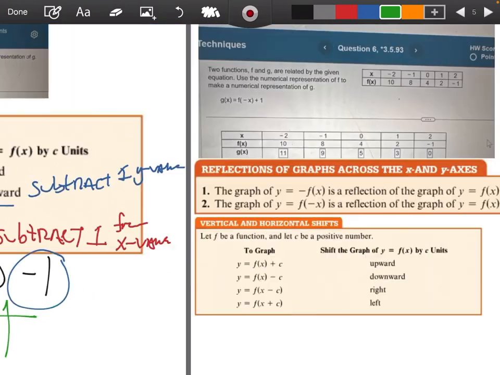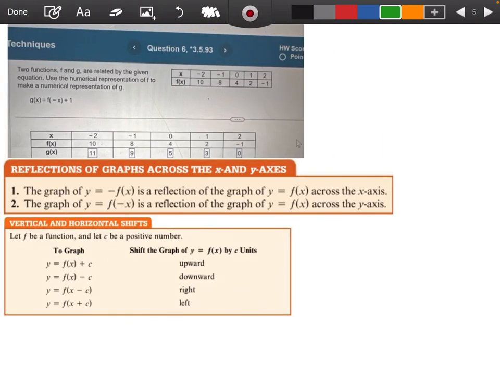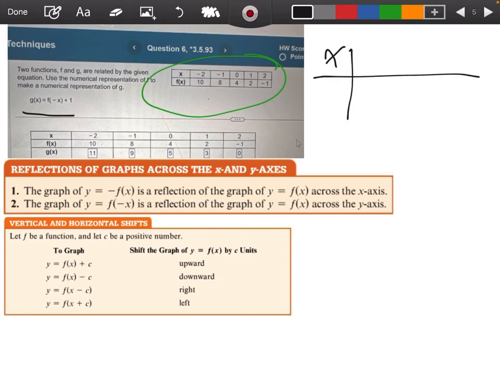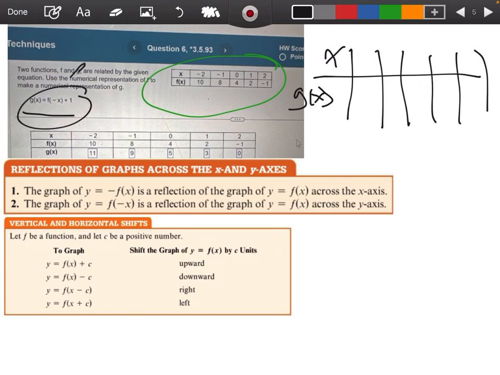And I got one last one here, and we're trying to see, can we figure out what we're supposed to do here? So again, here's my original table. What we're asked to do is make a table for g of x. I know there's a table there, but I'm going to go ahead and make my own. First thing I want you to notice, for my function g of x, we have a negative on the inside.